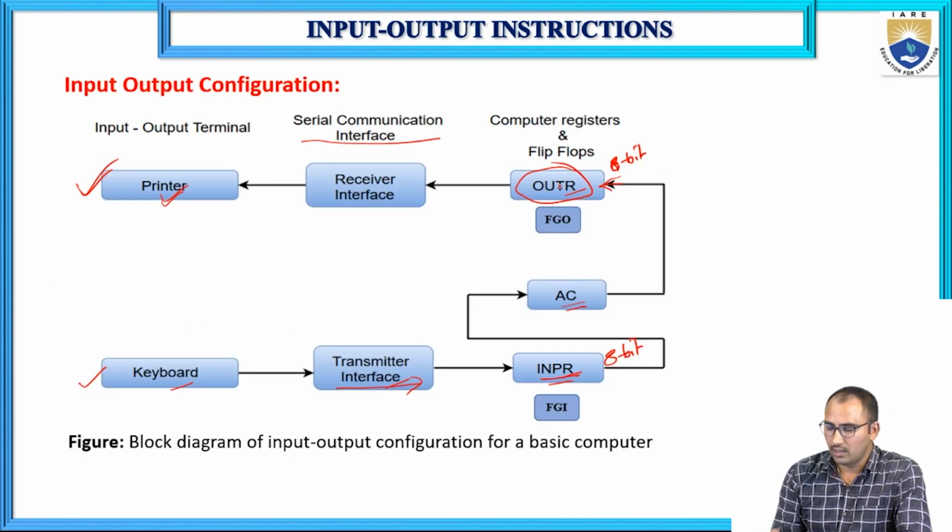The input register performs two operations simultaneously: it communicates with the transmitter interface and also with the accumulator, in parallel. Similarly, the output register communicates with the receiver interface and also with the accumulator simultaneously.